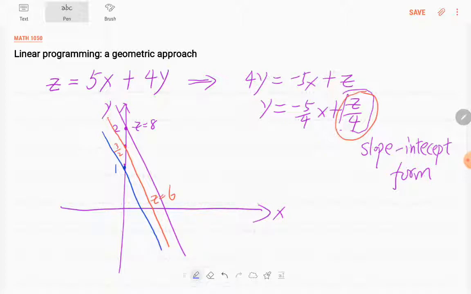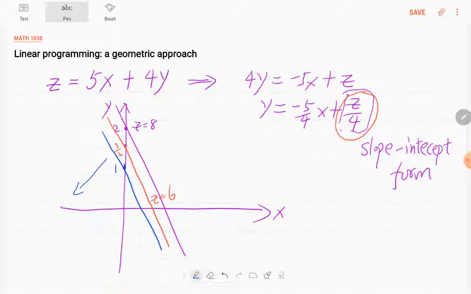So for this example, z equals 5x plus 4y, for different choices of z you have different lines. The lines go downward, this way, as z is decreasing.